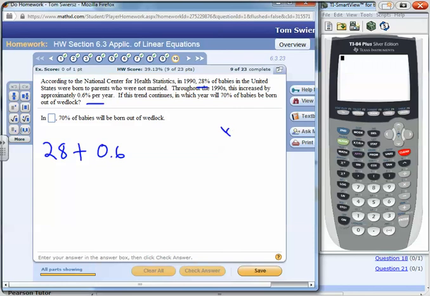Okay, so x will be the number of years, that's what we don't know, after 1990. So it will be times x, the number of years after 1990, and then we want to know when the percentage will equal 70.